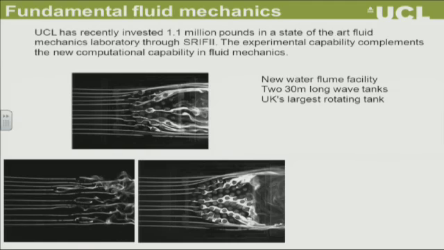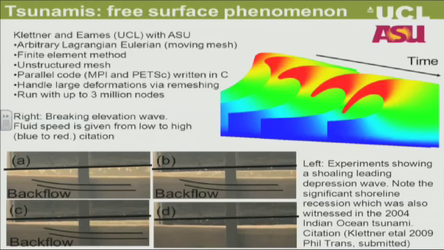And I'm just going to show you, so it's outside my area of expertise, but 3 examples of work of this group. This is, I thought, an absolutely wonderful one. This was modeling of the breaking of a tsunami. You can see the graphics on the right-hand side. Obviously highly topical in view of the tragedy there was a number of years ago when the tsunami in the Indian Ocean.